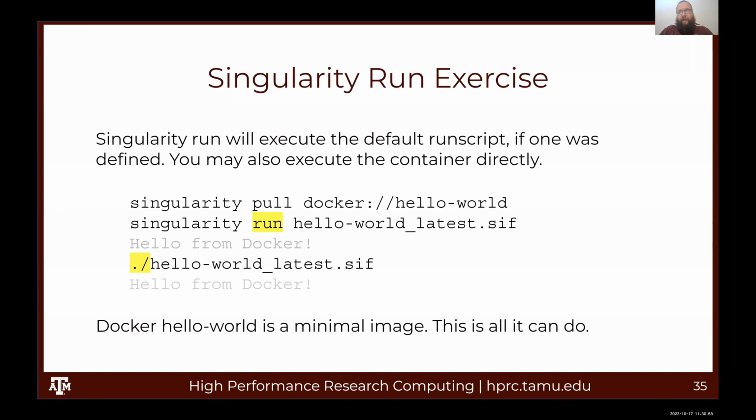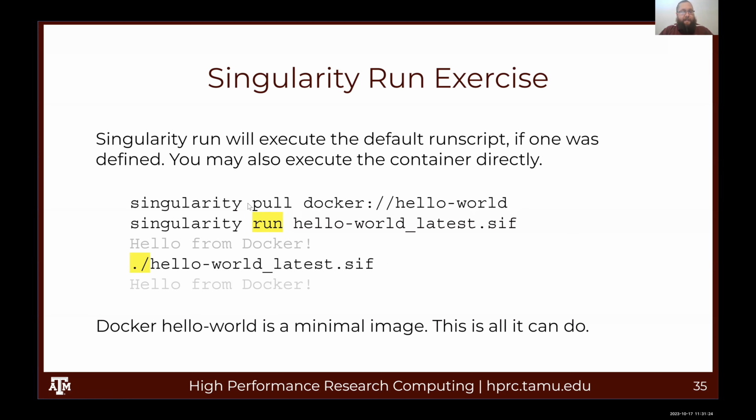Singularity run will execute the default run script if one was defined. And if there is one defined, you can also execute the container image as though the container image were an executable. So singularity run and ./container image mean the same thing. Here's an example of a container image that has that property, the hello-world image from Docker Hub.